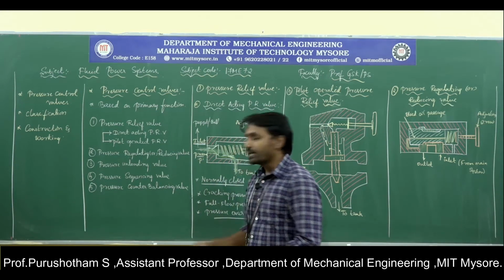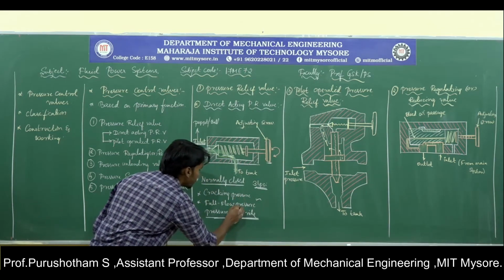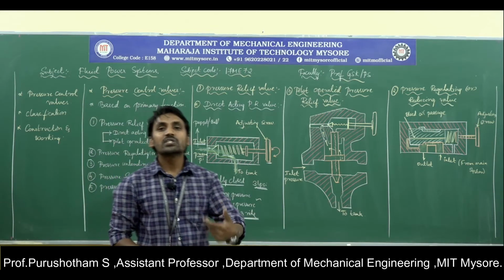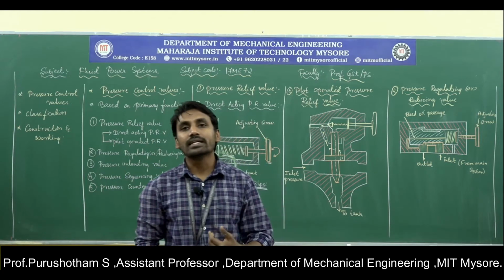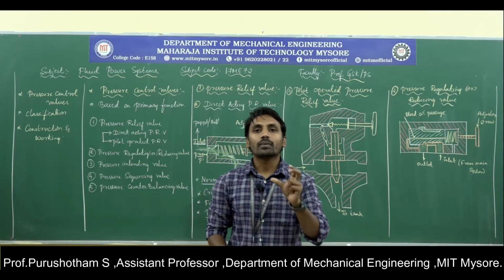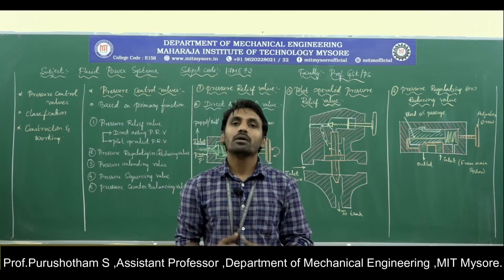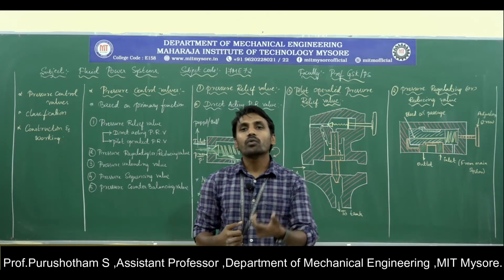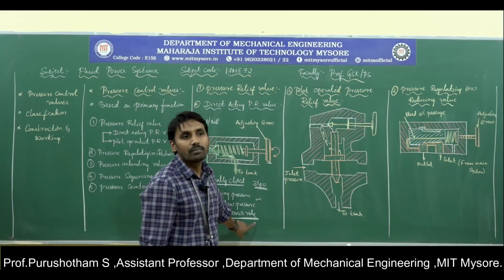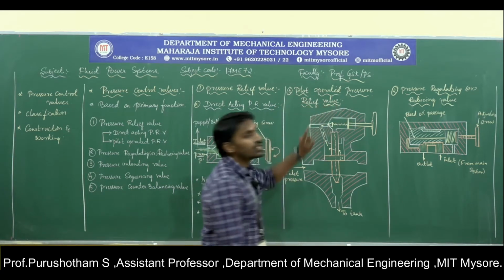The pressure override, that is the difference between the cracking pressure and full flow pressure, results in wastage of power, because the pressurized fluid flows directly to the tank before attaining the maximum prescribed pressure, due to which power is lost. To minimize this pressure override, we go for the pilot operated pressure relief valve.